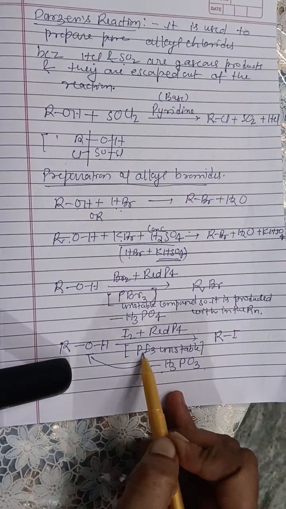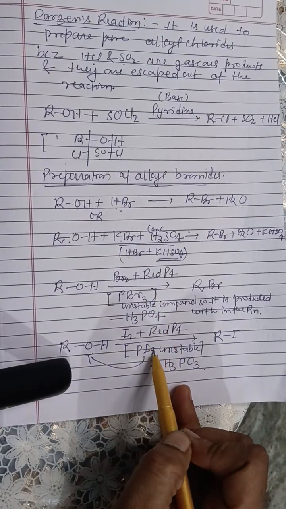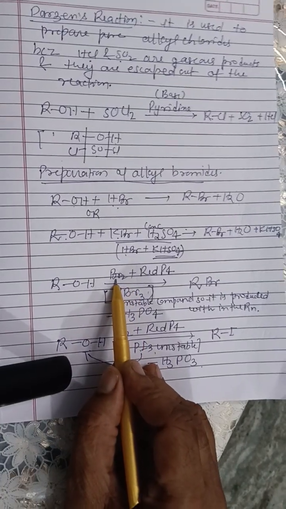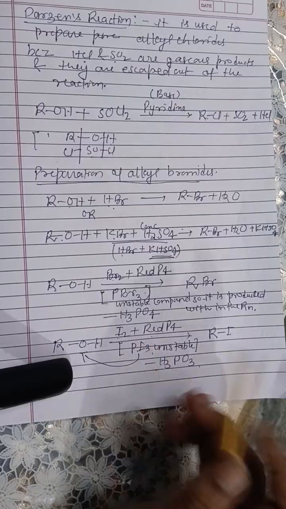PBr3 is unstable, PI3 is unstable, so they should be prepared within the reaction by the reaction of Br2 and red phosphorus and I2 and red phosphorus respectively.